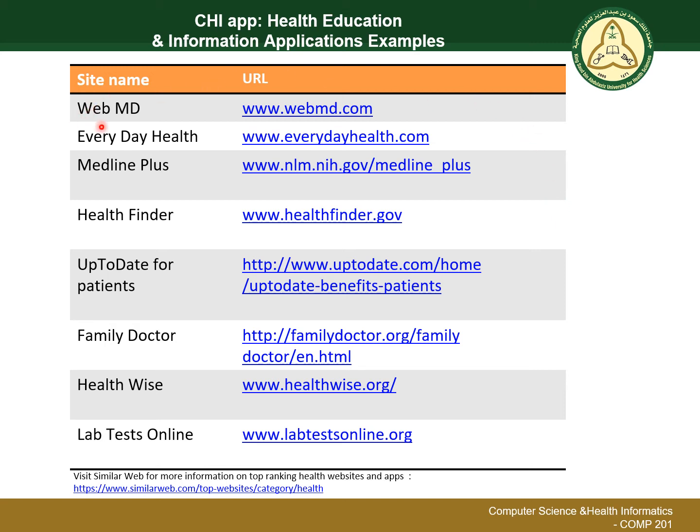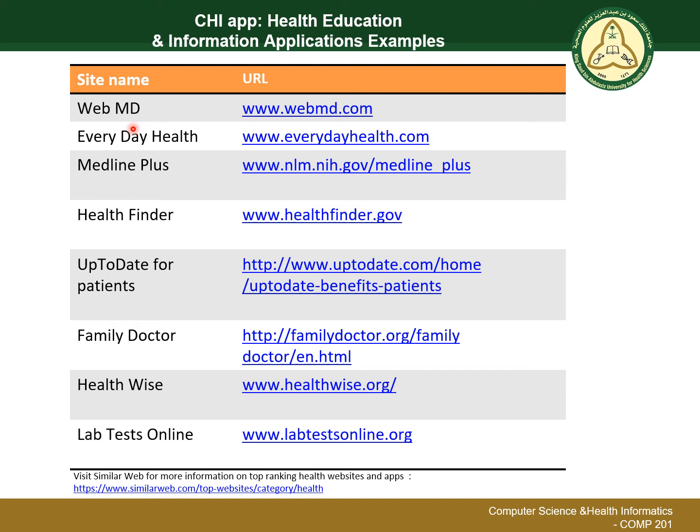So we will start with WebMD. This is an extensive health library site with topics listed for men, women, and children. It has treatment and drug information, and also a symptom checker tool, which provides the patient with a simple differential diagnosis based on their symptoms, age, and gender.